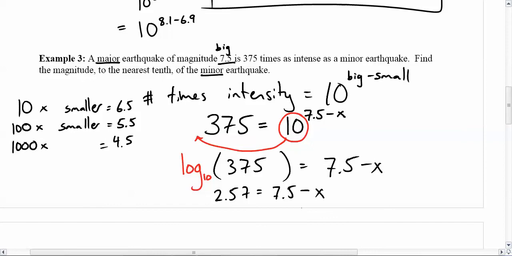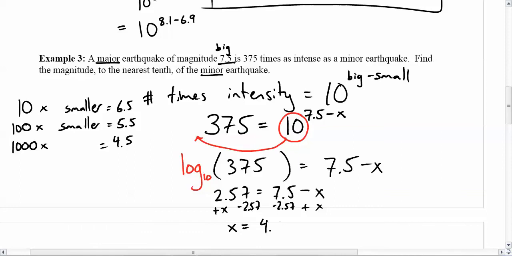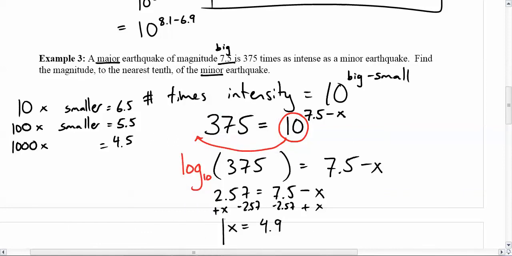So now I can add x to both sides and subtract 2.57 from both sides. And you get 4.9. Oh, it's about 5. Look at that.